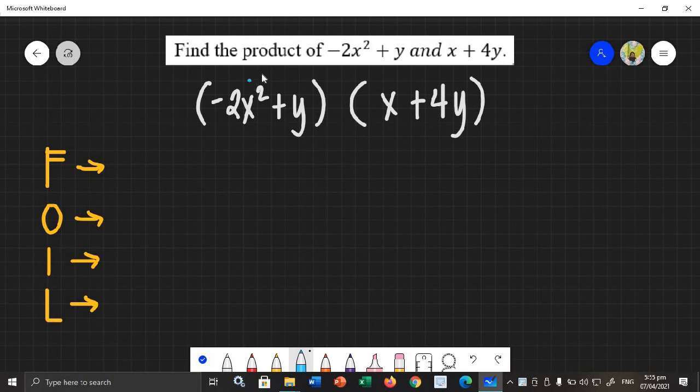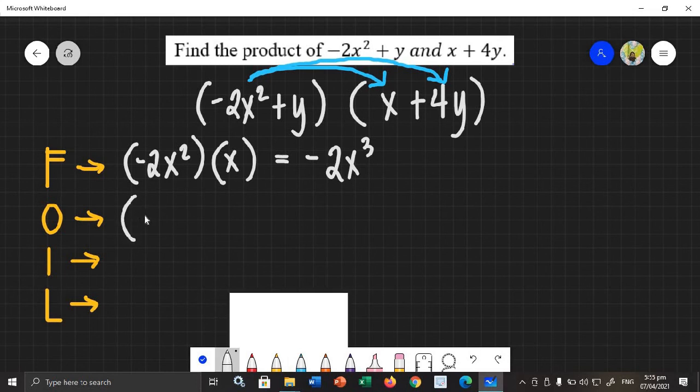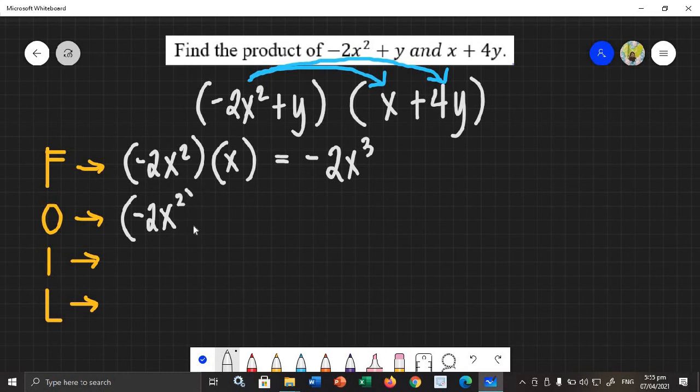Let's multiply the first terms, which is negative 2x raised to the second and x. This will result to negative 2x raised to the third power using the product law of exponents. Next, let's multiply the outer terms, which is negative 2x raised to the second power times 4y.